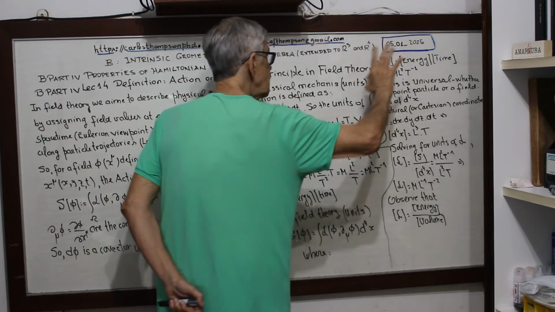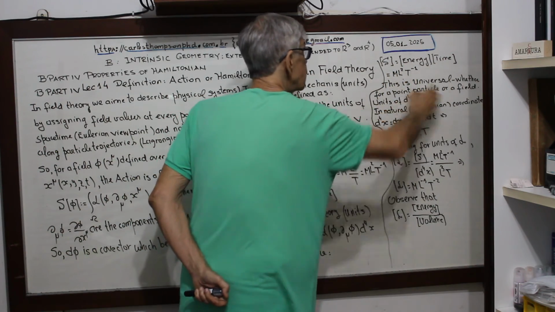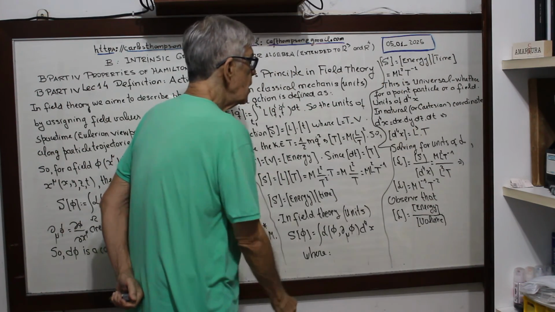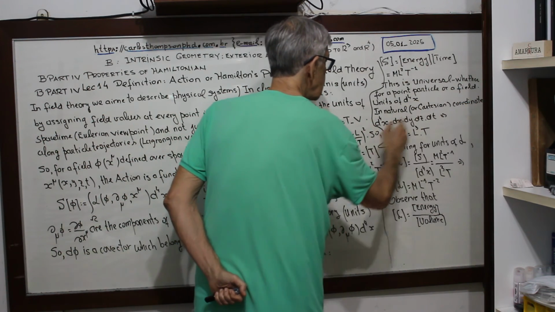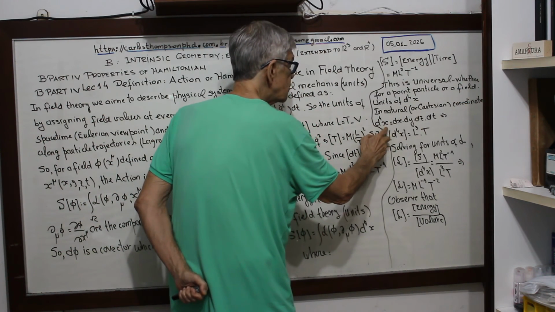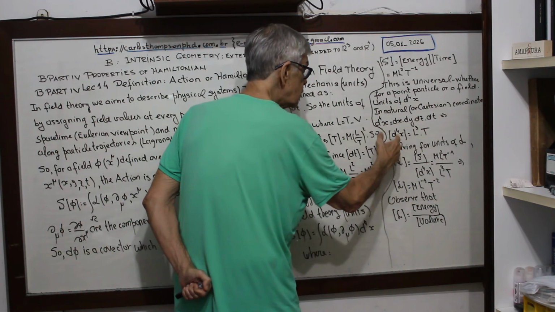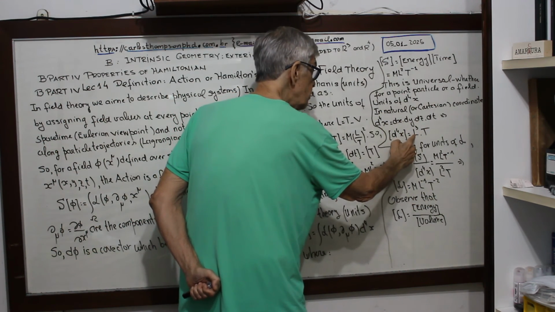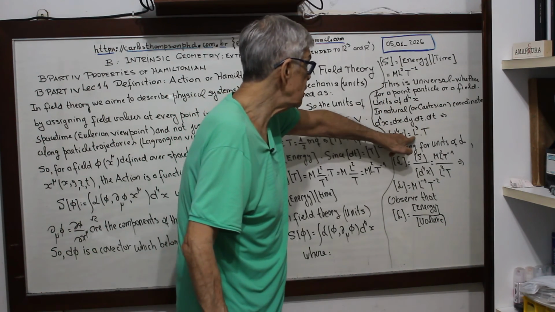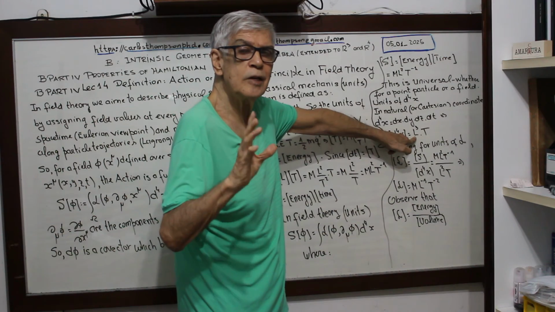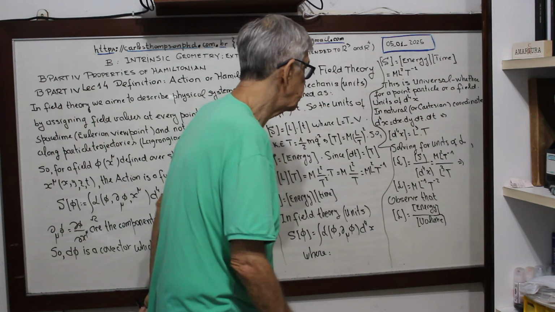So this is universal. The unit of the action S is energy times time. In Cartesian coordinates, d4x is dx dy dz times dt. The unit is length cubed times time. Here L is not the Lagrangian; L here is length.